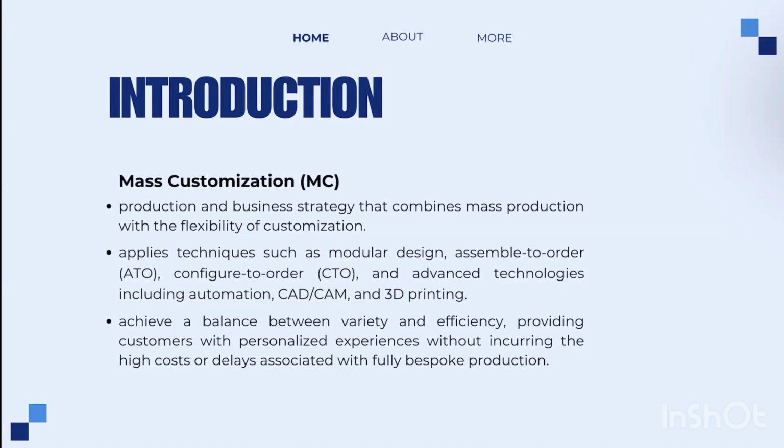Mass customization relies on methods like modular design, assemble to order, and configure to order, along with technologies such as automation, CAD, CAM, and 3D printing. This helps companies prepare components in advance and customize the final product only when customer requirements are known.